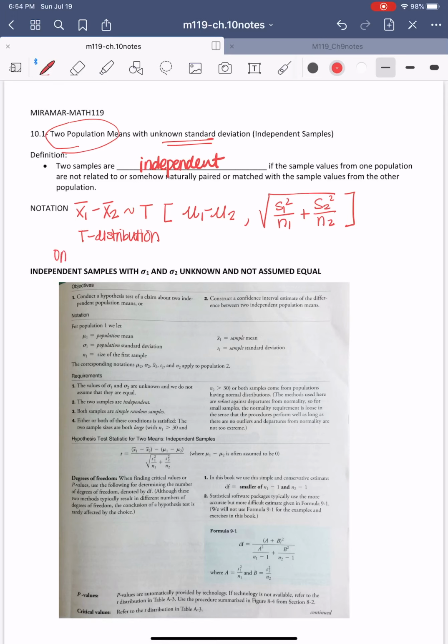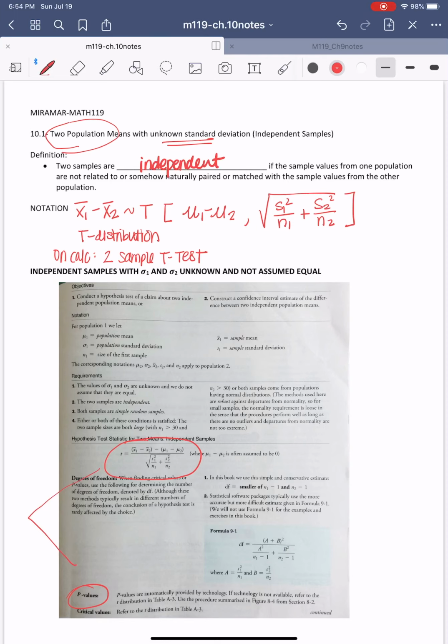On calculator, the function is called two sample t-test. Okay, instead of t-test, we go to two sample t-test. So from the calculator, just like we did it in Chapter 9, the calculator will give you these two values, the test statistic t-value, and then also the p-value.